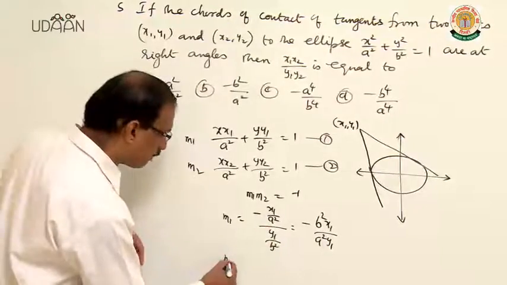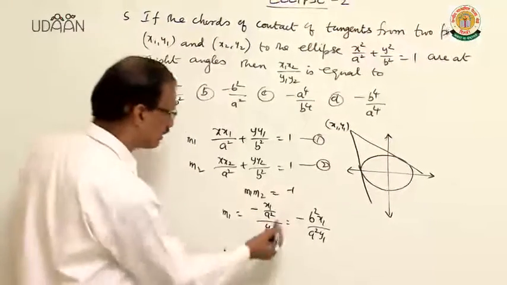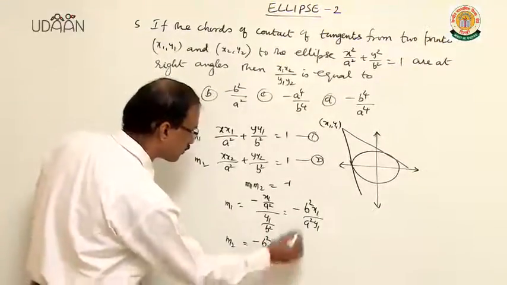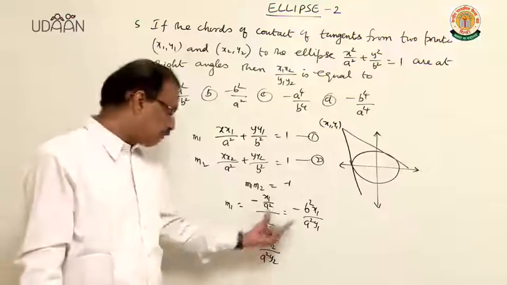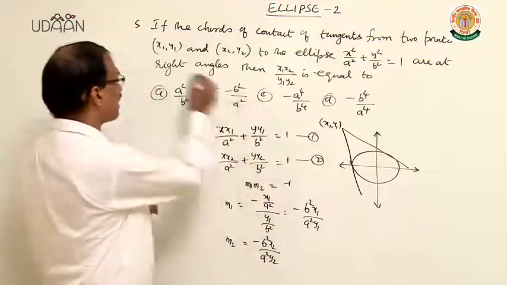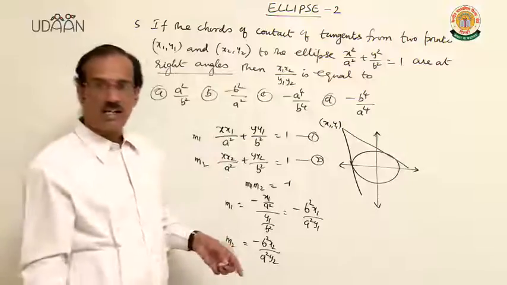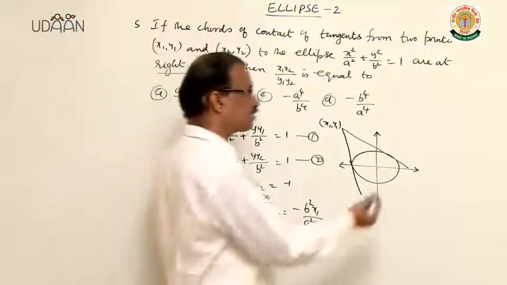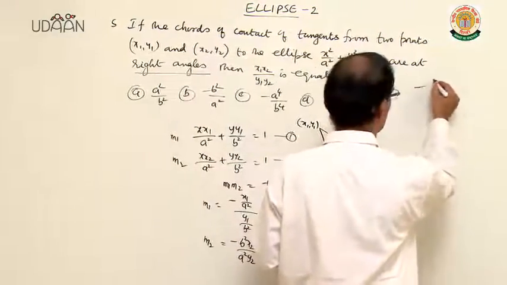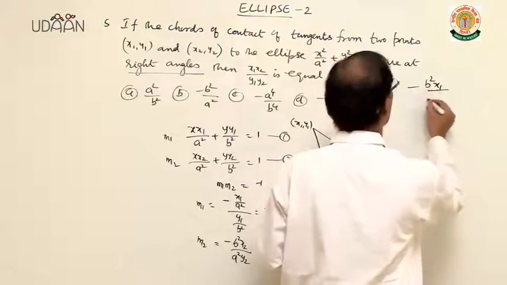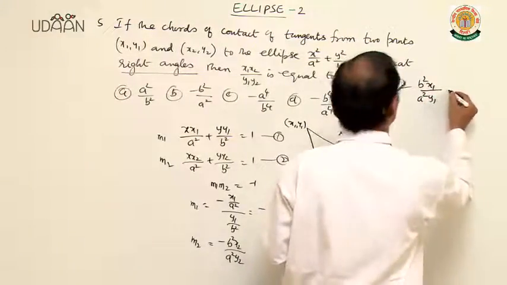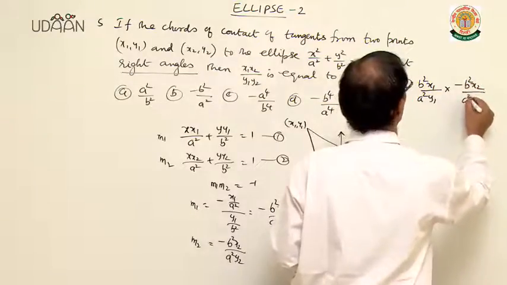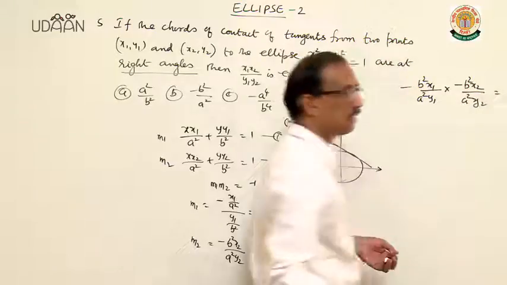Similarly, the slope of the second line is minus b square x2 by a square y2. These are the slopes. Now they are at right angles, so their product must be equal to minus 1. So minus b square x1 by a square y1 into minus b square x2 by a square y2 equals minus 1.